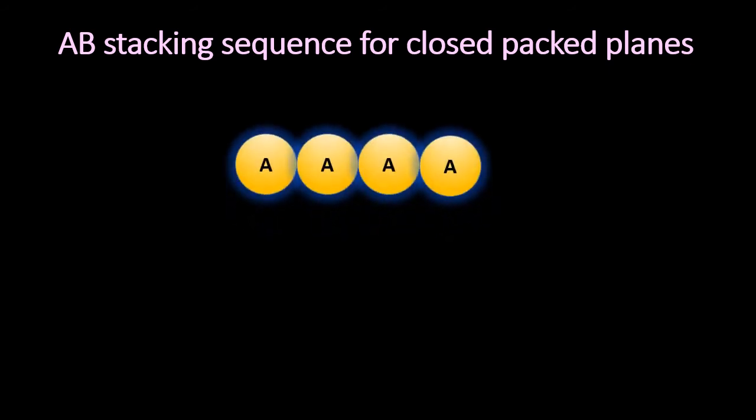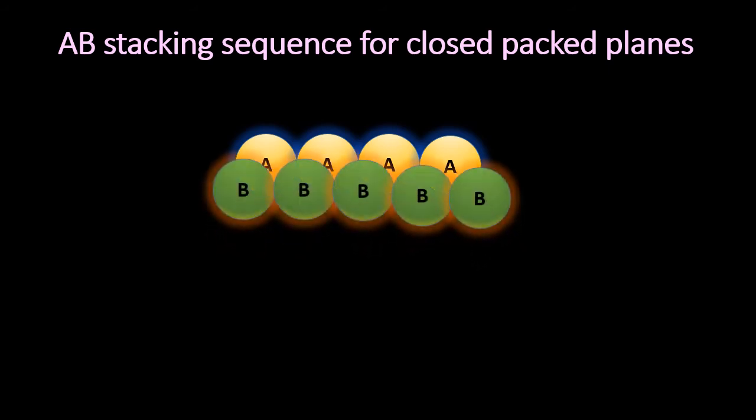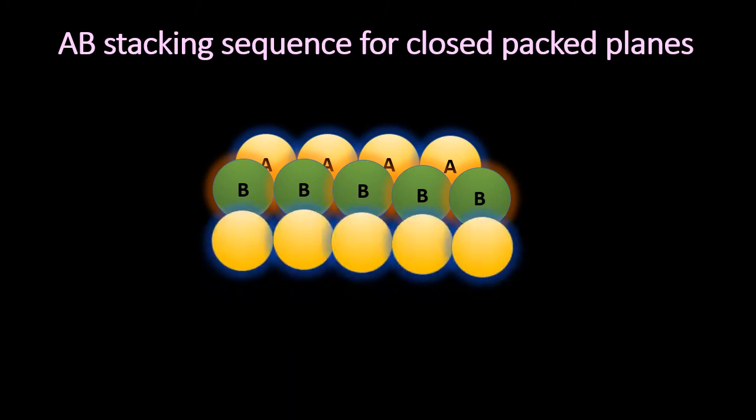Let's take another sequence, which is called the A-B stacking sequence for close packed planes. We have the set of planes represented by sequence A, onto which there is another plane represented by sequence B, and then the structure is repeated.